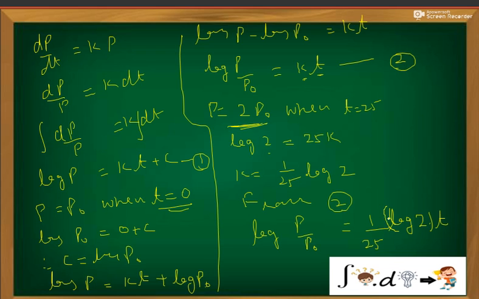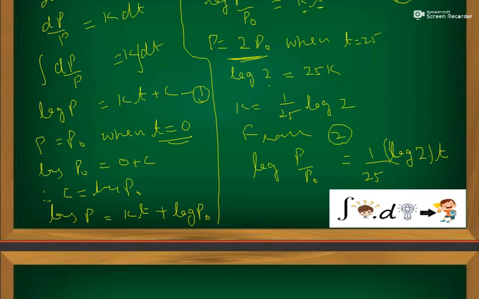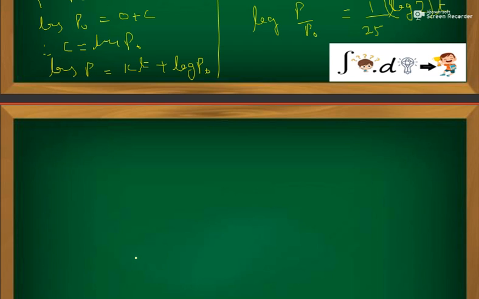Yes, we have to find the time when the population increases from 1 lakh to 5 lakh. Okay, it is increasing from 1 lakh to 5 lakh. That means let us suppose when t is equal to capital T, because we do not know at what time it will happen, so we suppose it as capital T, and this population P is equal to 5 times P naught, because the population is increasing from 1 lakh to 5 lakh.